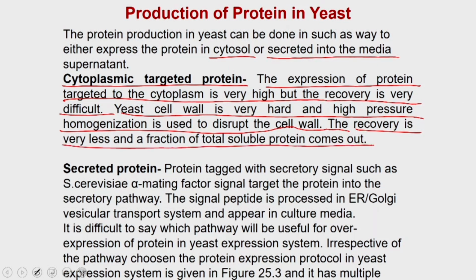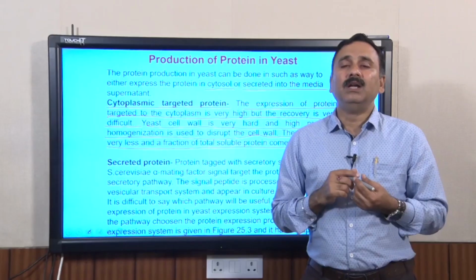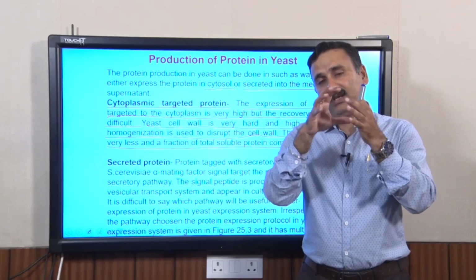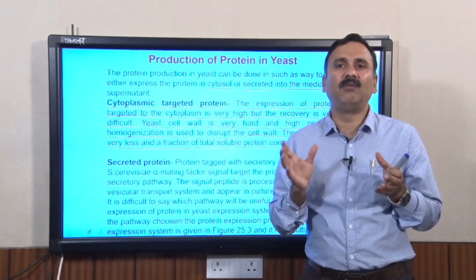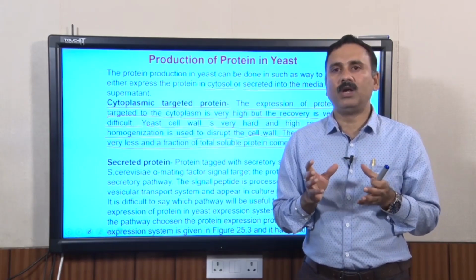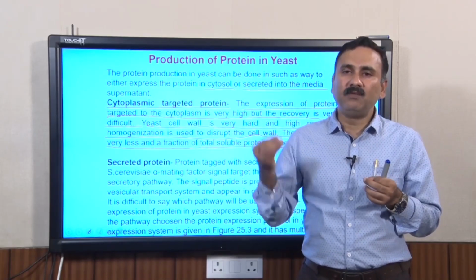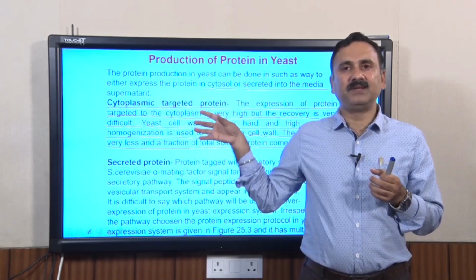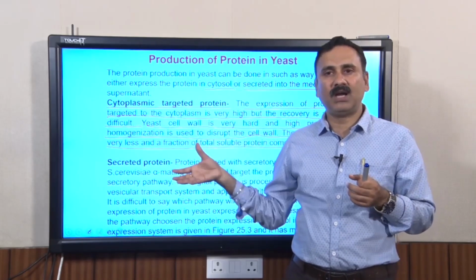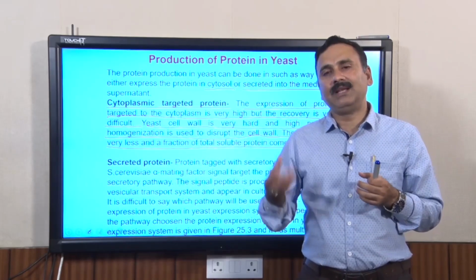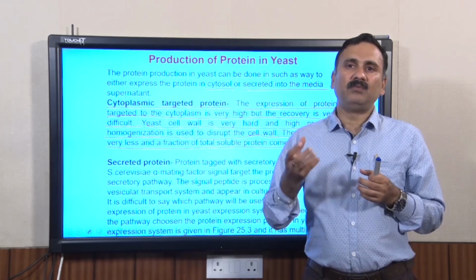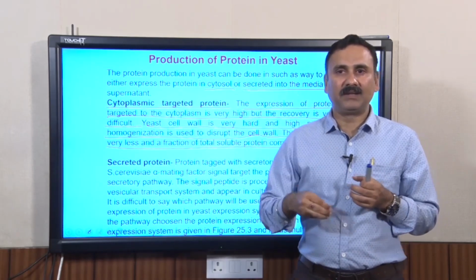So, if you overexpress the protein as a cytosolic protein, the protein production is going to be very high, but the disadvantage is that since the yeast has a very strong cell wall, the cell wall is not going to be broken very easily, and as a result, even if you use high pressure homogenizers like the French press and other kinds of homogenizers, the recovery of the protein from the yeast cell is going to be very low.